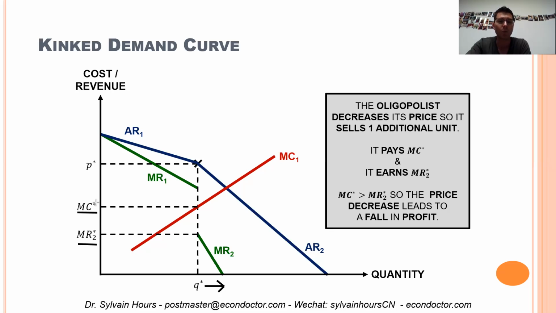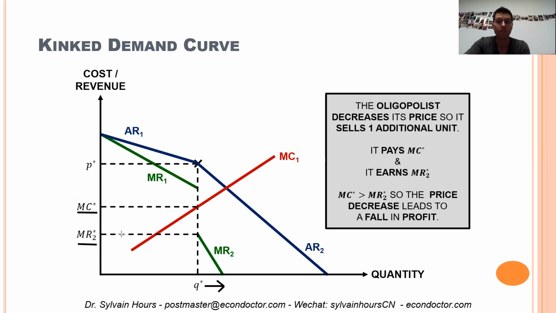So you see now that what you have to pay to produce one more unit is greater than what you receive from the sale of one additional unit. So again, your cost of production is greater than your revenue from that last unit. So if you cut the price to sell one more unit, again, your profit would decrease.